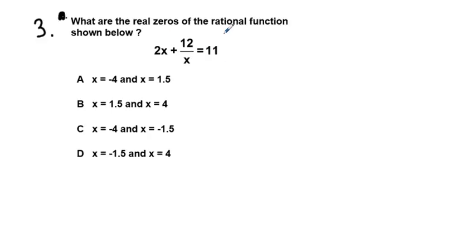We could solve this problem by clearing the denominator, multiplying by x, and then simplifying until we get our answers. But I'm going to recommend something different, which is solving by graphing, which we call using the x-intercept method. To do that, we rewrite the equation by subtracting 11 from both sides, so we have 2x plus 12 over x minus 11 equal to 0.